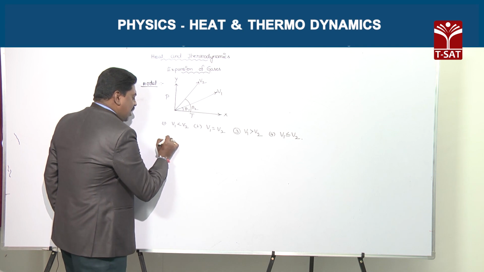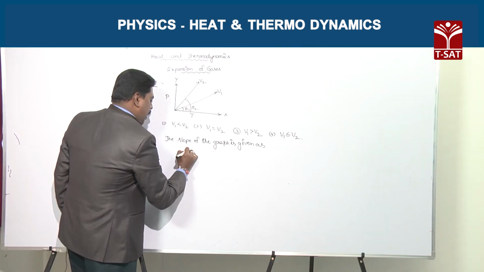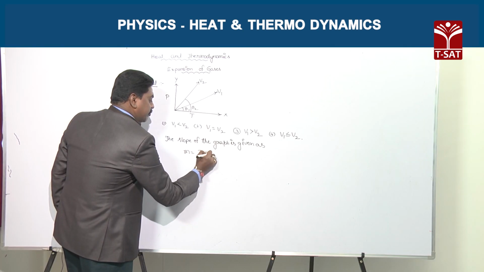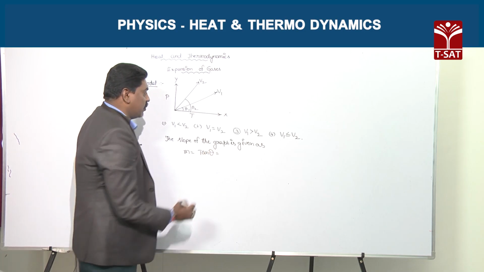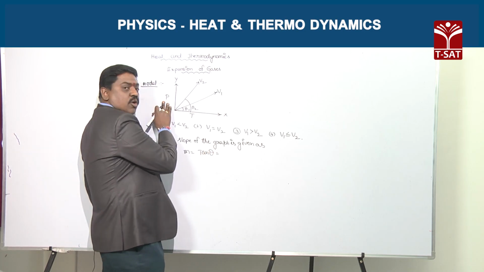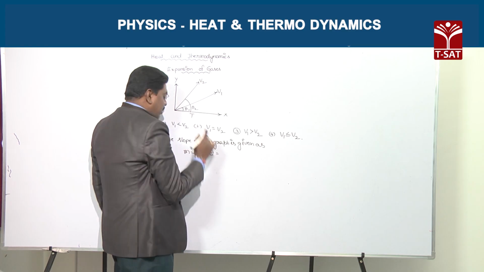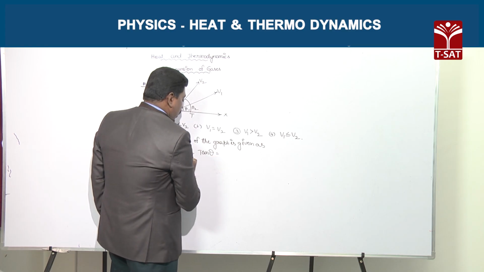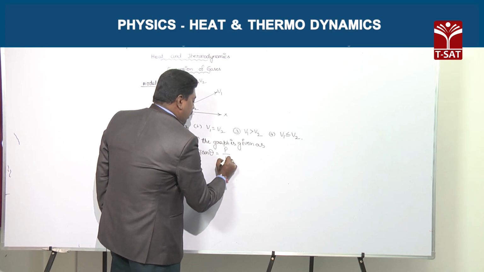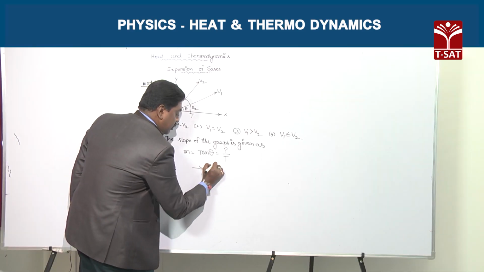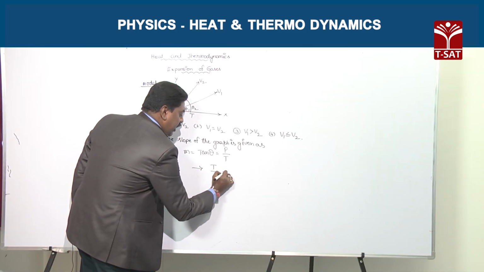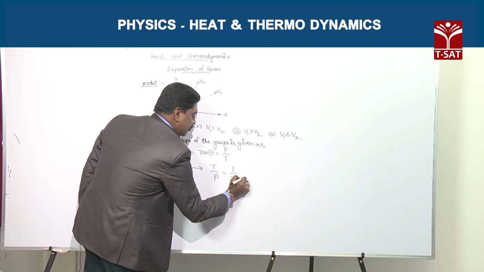The slope of the graph is given as m equals tan theta, which equals the value on the y-axis by the value on the x-axis. So, m equals tan theta equals P by T, which implies T by P equals 1 by tan theta.